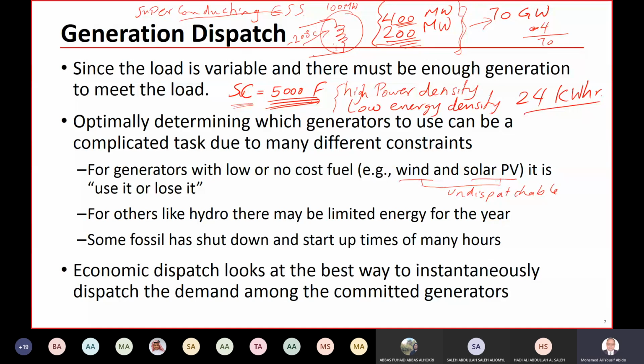One of the solutions to this issue is energy storage. If you have energy storage combined or integrated with wind and PV, this will make the problem not as hard as without energy storage.